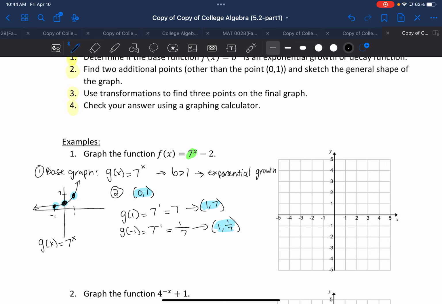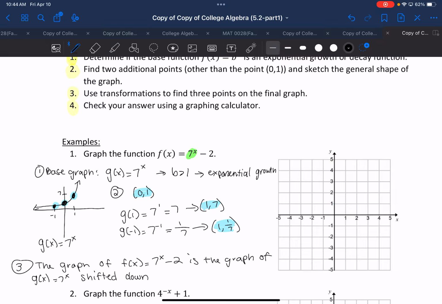All right, step 3 is to use the transformations to find the 3 points on the final graph. So the graph of f(x), which is equal to 7 to the x power minus 2, is the graph of g(x), which is just 7 to the x, shifted down 2 units, right?